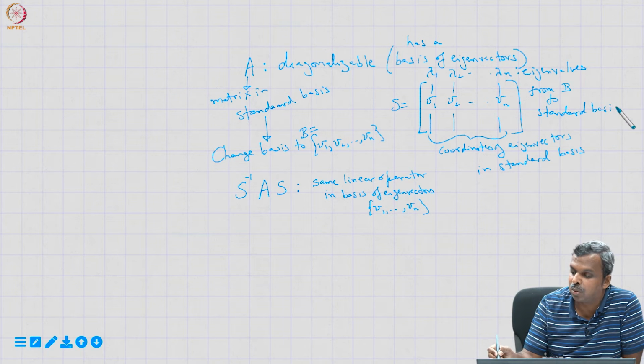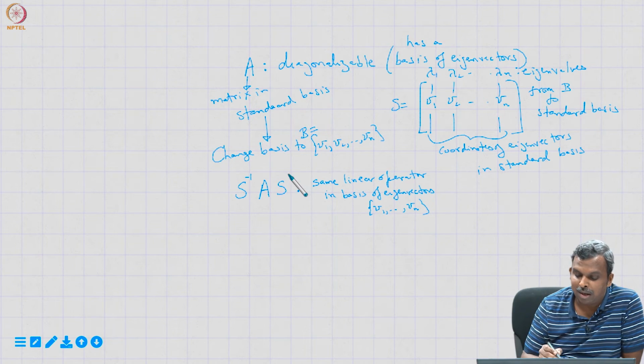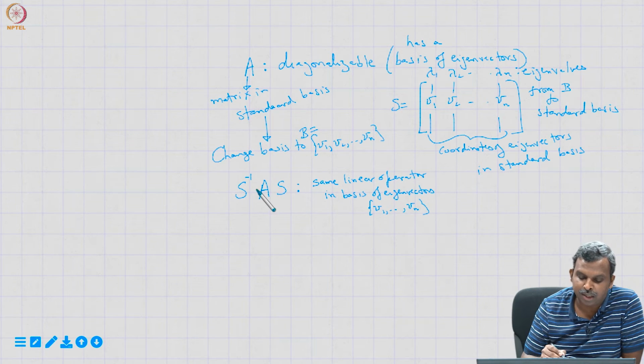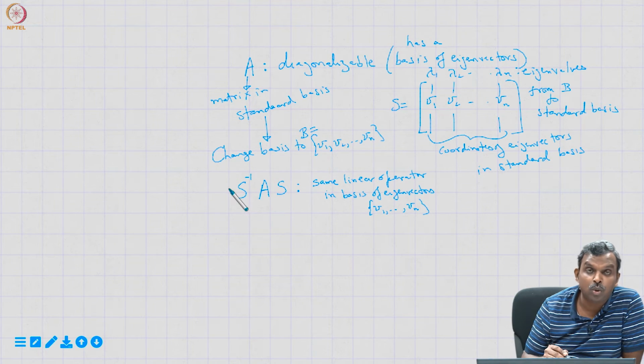Okay, so think this through carefully. You have a vector in B, it will convert to the standard basis, A is in the standard basis, so it will give you the output in the standard basis, and S inverse will convert from the standard basis to the coordinate system in the basis B. So, this is the matrix corresponding to the same linear map in the basis B, okay.